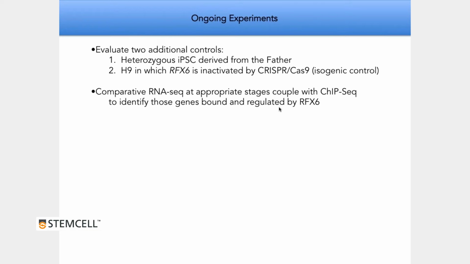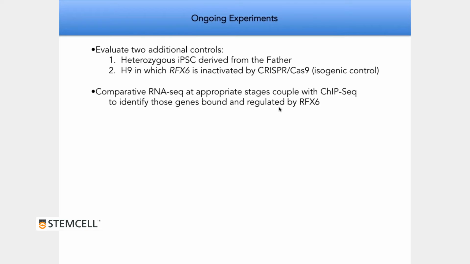Once we've performed these controls, our goal is to perform comparative RNA-seq to identify those genes whose expression is absolutely dependent upon RFX6 and those genes which are bound by RFX6 using ChIP-seq.